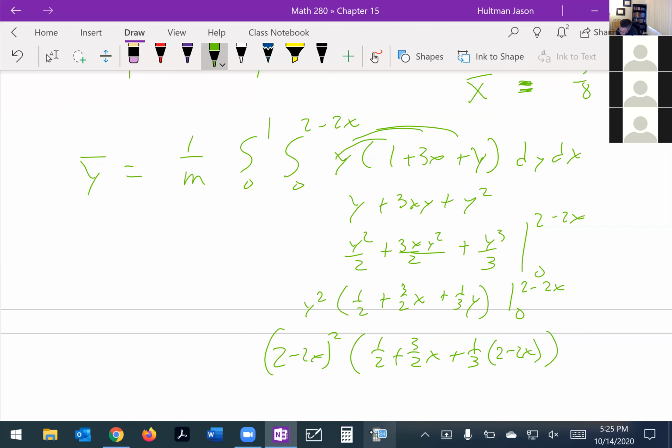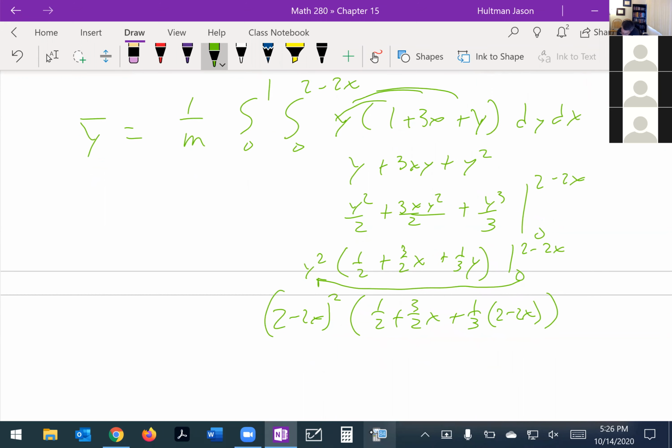That's when y is 2 minus 2x. Do I need to deal with the 0? No, because when I plug in the 0 for y squared, it just goes to 0. So this becomes 2 minus 2x squared times 1/2 plus 3 halves x plus 2/3 minus 2/3 x. What's 1/2 plus 2/3?